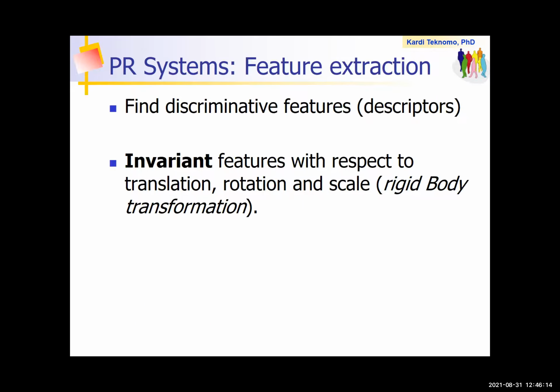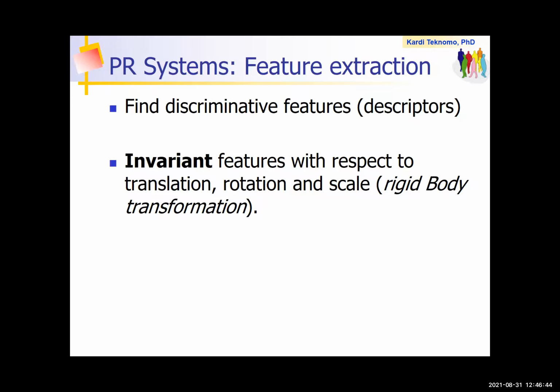And after that, you need to find the correct features, the correct variables that can actually discriminate, can separate the data into the correct classes. And don't forget to use invariant features. These features must be invariant against, for example, rigid body transformation, which is translation, rotation, and scaling.